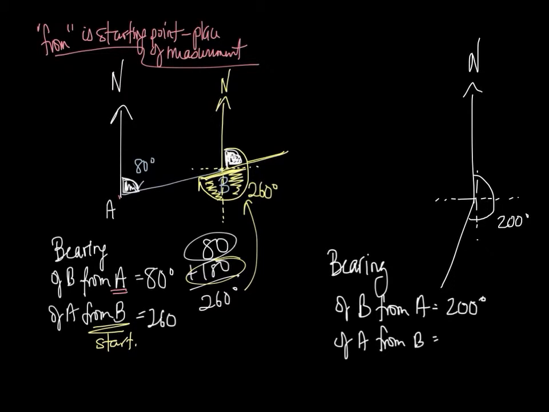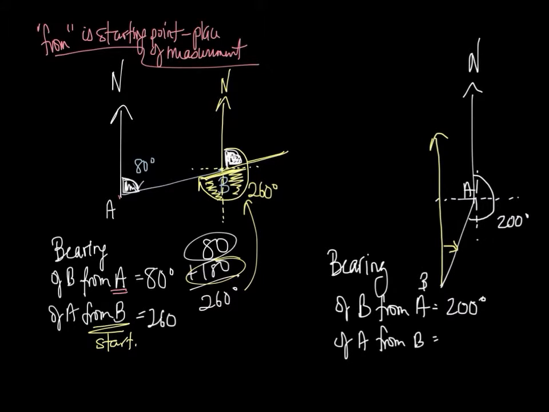Here's my north. Now, this is from A, so this is my A, and over here is my B. To get back, I need to draw my north off of the other one, and I'm measuring again only clockwise to the right until I hit that line.